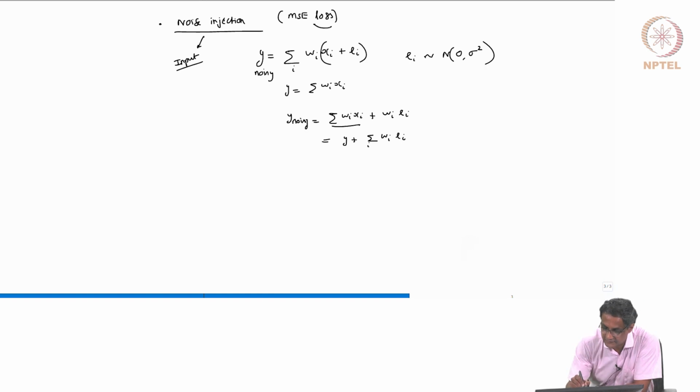So injection of noise into the input acts as a regularizer, provided the loss is MSE. Noise acts as a regularizer for MSE loss.